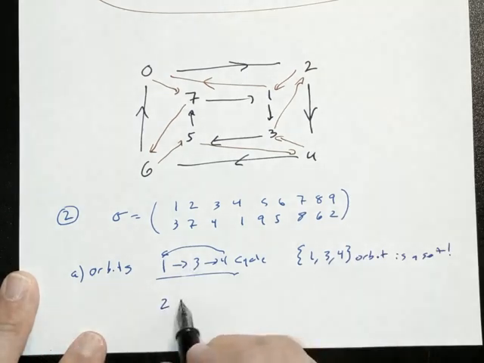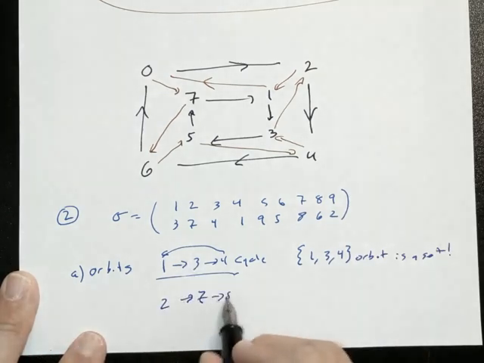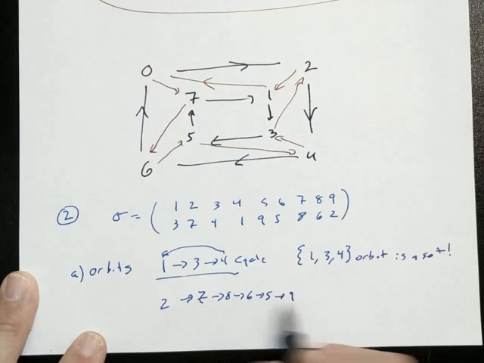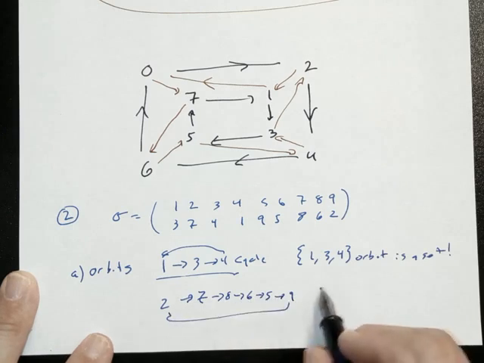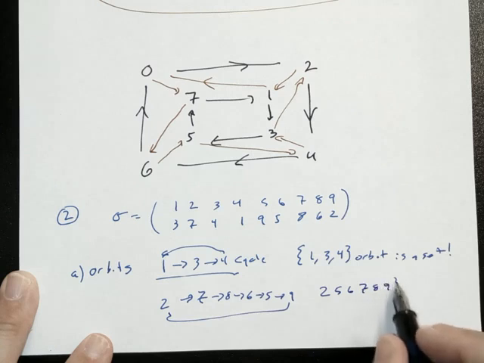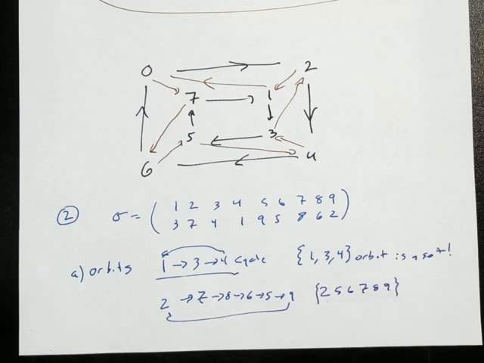Let's pick another number. 2 goes to 7, goes to 8, goes to 6, goes to 5, goes to 9, goes back to 2. And just because I could, I put the orbit in a different order than the cycle.